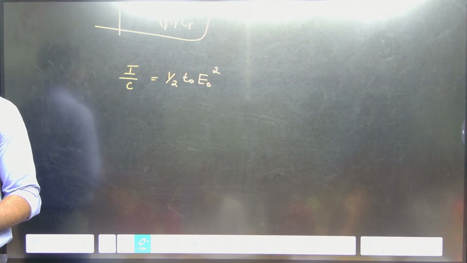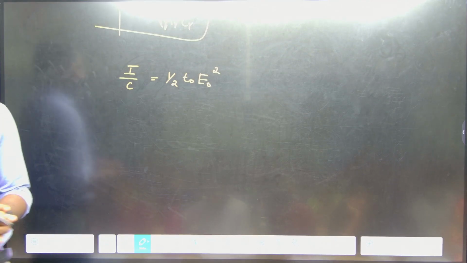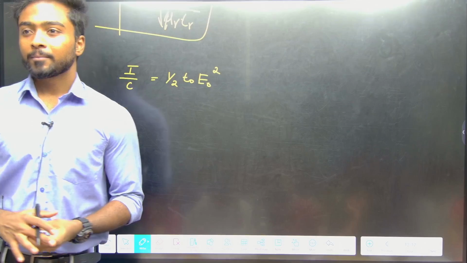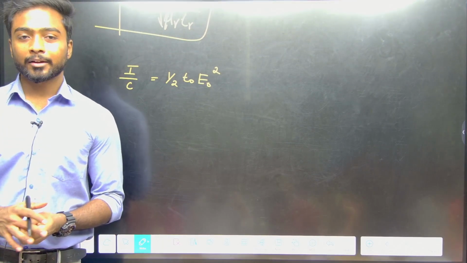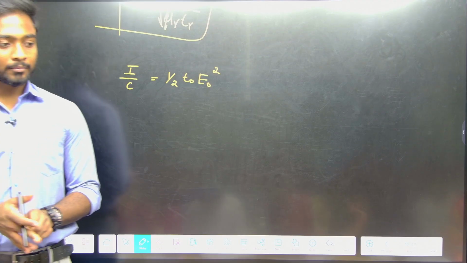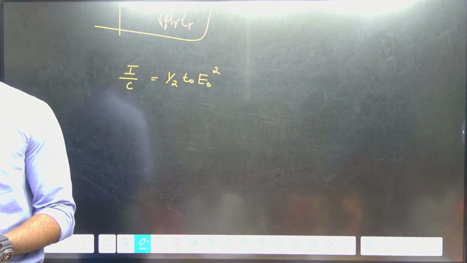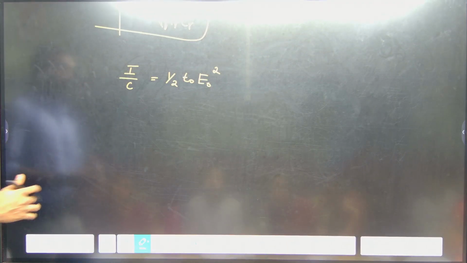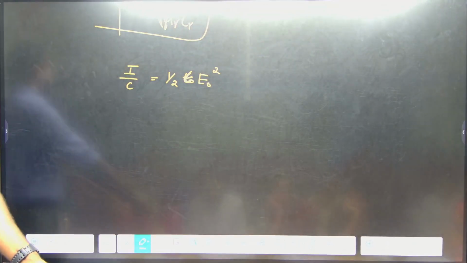What is this E naught? E naught is the peak. I naught, E naught we have learned in alternating current, the peak voltage and peak current. Which one? Epsilon naught, E naught.